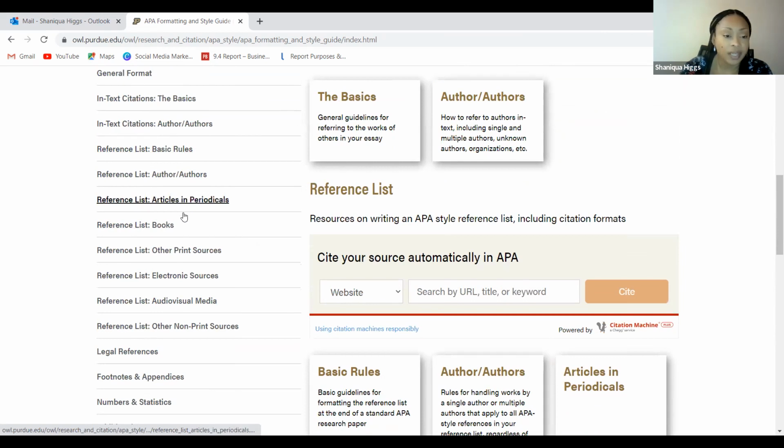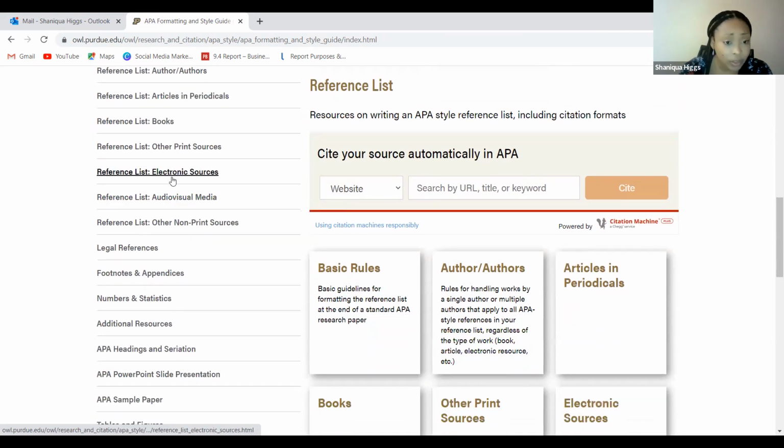The basic rules for in-text citations, electronic sources, so those sources that you find online, audio-visual media, other non-print sources. So as I said, it becomes so technical that it's really difficult to memorize or learn rules. But if you have a good handbook or an online resource that is reliable, it can show you how to document whatever source you're using.